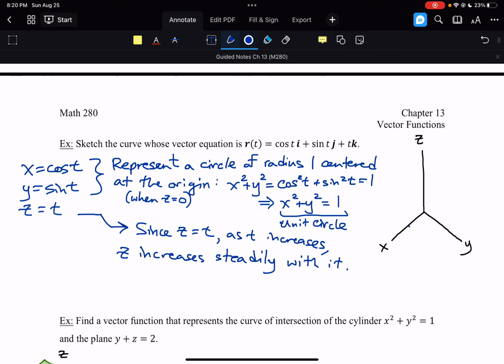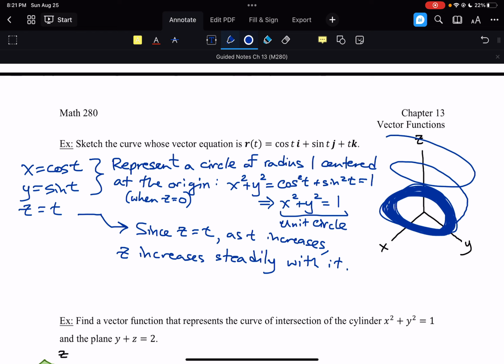So instead of having this circle being traced out over and over again, as t increases, we're tracing out the circle, but z is also going up. So we're tracing out the circle and increasing at the same time. That ends up giving us kind of a spiral shape, or a helix shape is a little more accurate.